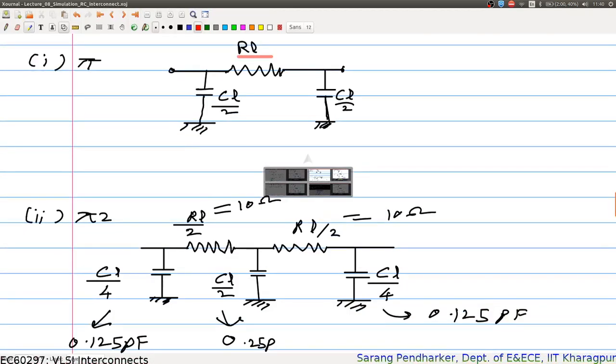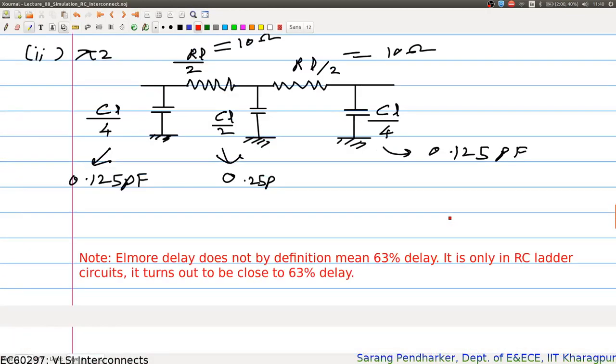Right, now once we have validated the pi equivalent model, we will extend this for a branched interconnect model as well. Before we do that, after looking at this discussion, you may be tempted to equate the Elmore delay with the 63% delay, but I must emphasize that Elmore delay does not by definition mean 63% delay. It is only for RC ladder circuits that it turns out to be close to 63%.